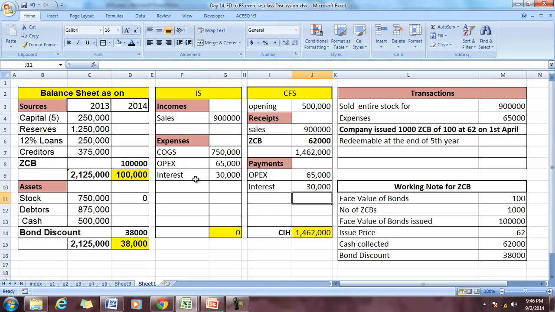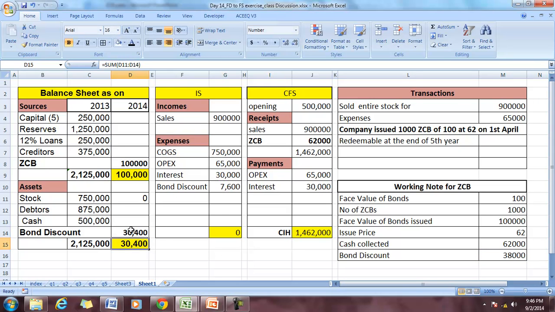So if all transactions are done, now let us follow the Companies Act and amortize this bond discount over a period of 5 years. So bond discount amortization is 38,000 divided by 5, and to that extent the bond discount will reduce in the balance sheet.